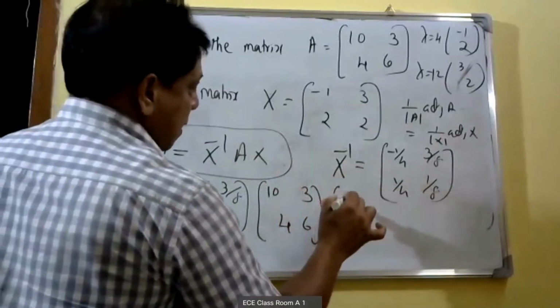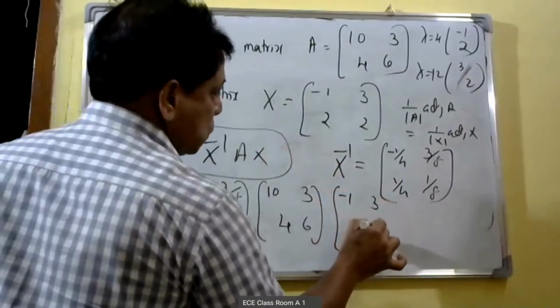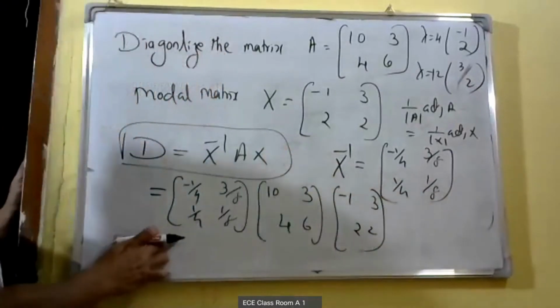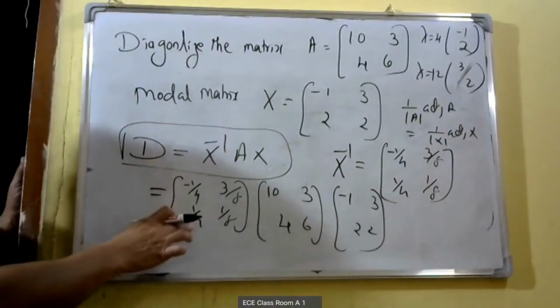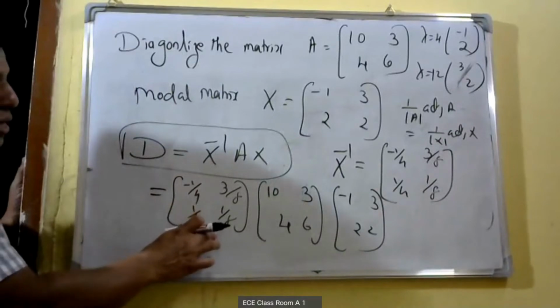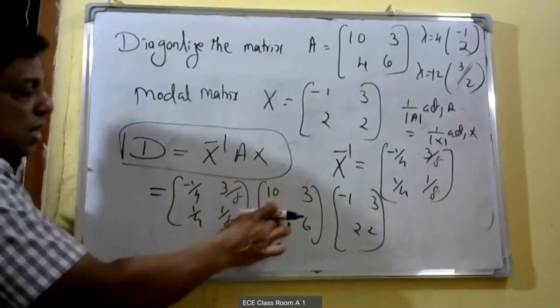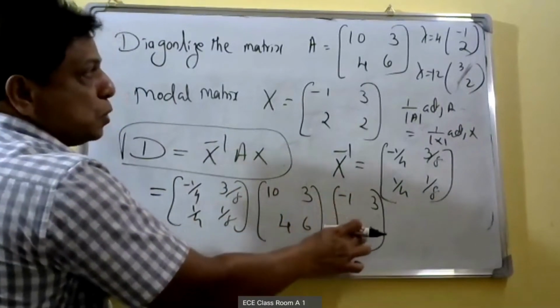Then X is equal to [minus 1, 3; 2, 2]. Therefore, this is X inverse, calculated by 1 by determinant of X into adjoint of X. Then A is equal to [10, 3; 4, 6], and X is [minus 1, 3; 2, 2].